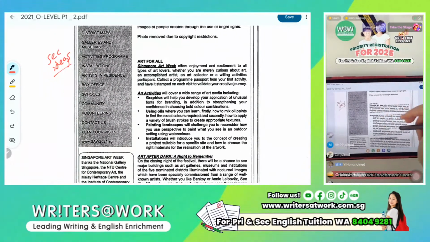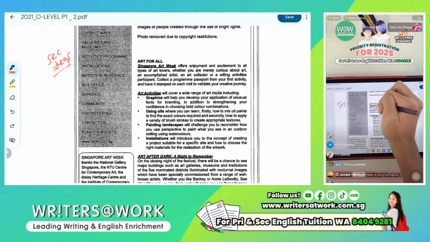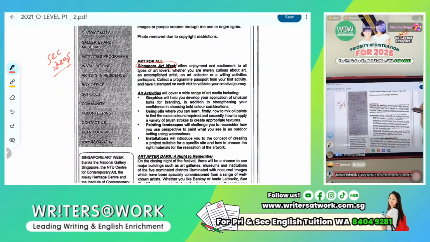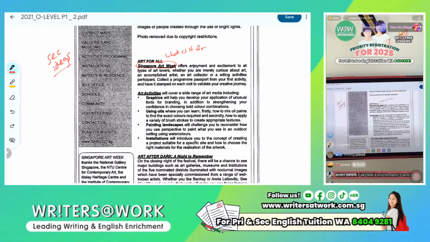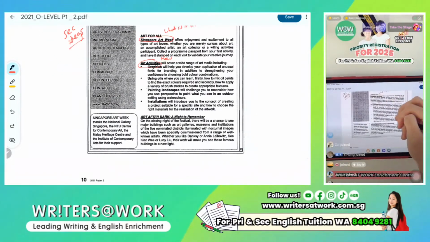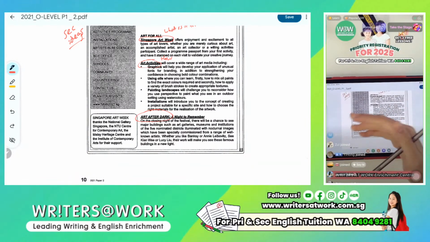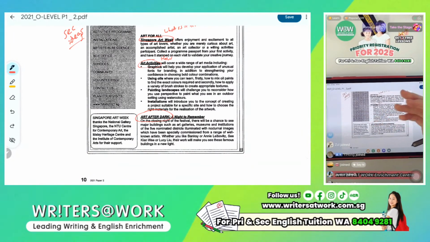You can see here, one of my secondary ideas would be that the art exhibition tells you what it is for, and they also tell you the art activity. So how will it be carried out? And there's also a special event, Art After Dark. So they are trying to pay homage to some of the famous artists.